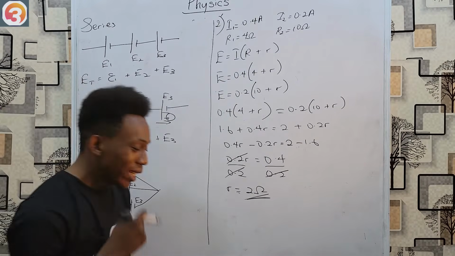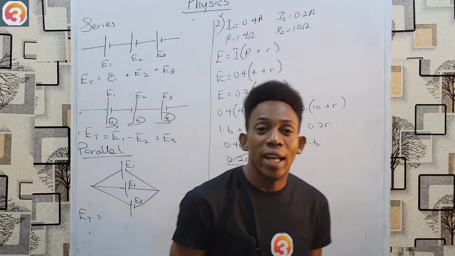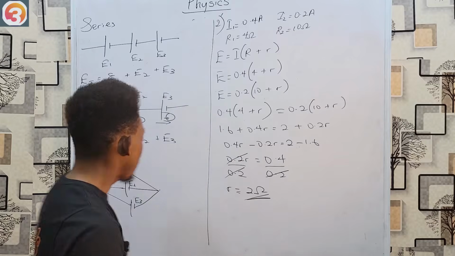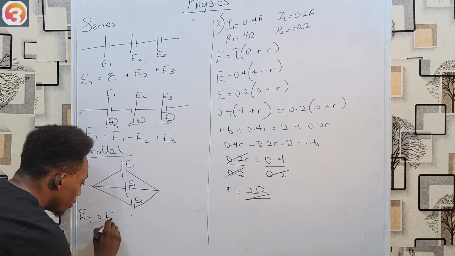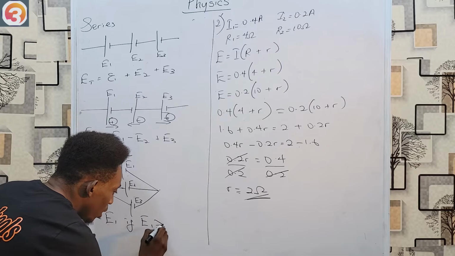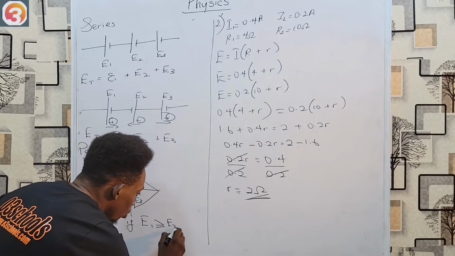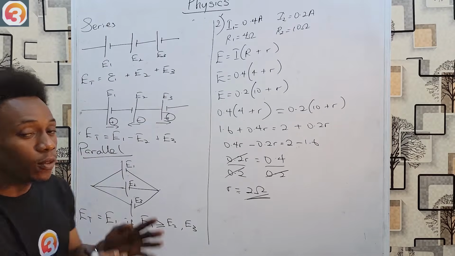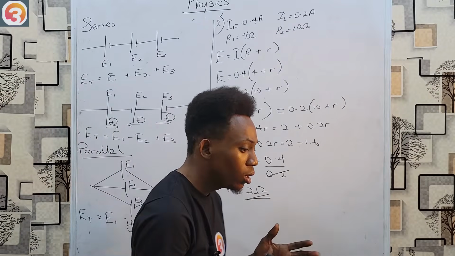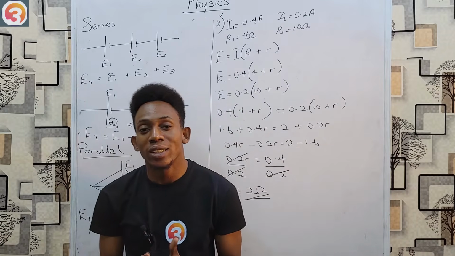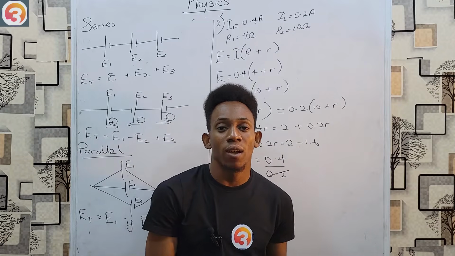All you have to do is look at your cells and choose whichever one has the higher value. That means the net EMF is E1 if E1 is greater than or equal to E2 and E3. So if you have three cells in parallel, your net EMF is simply gotten by choosing the greatest EMF and taking that as your answer.